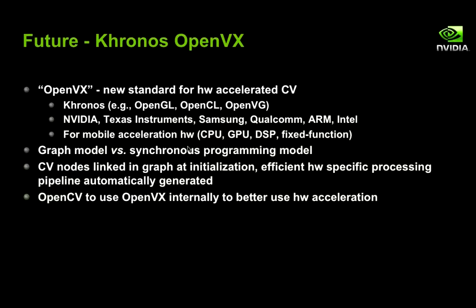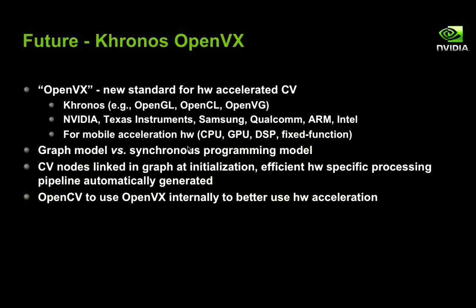So one of the goals of this standardization endeavor is to try to have a fixed model for being able to optimize computer vision functions across different hardware from different vendors and on different platforms.